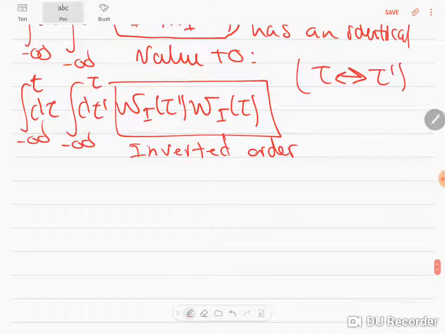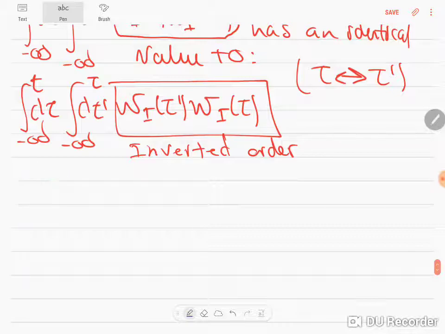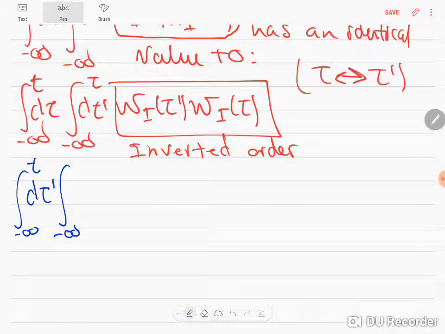And then we're going to start with the first integral in blue. Okay, we're going to write integral from minus infinity to t of d tau prime, integral from minus infinity to tau prime of d tau, W_I of tau, W_I of tau prime.